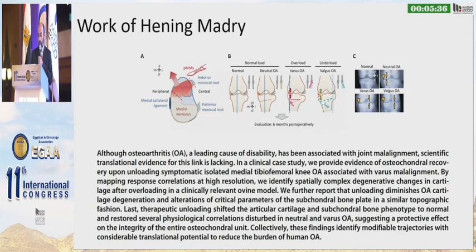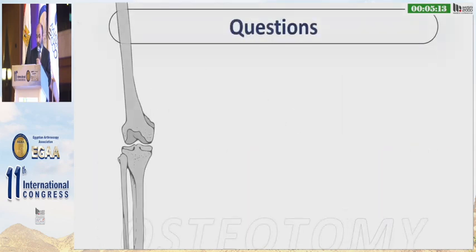And in the other one, which is more important to my mind, he gave evidence that there is some kind of osteochondral recovery upon unloading in symptomatic isolated medial tibiofemoral knee osteoarthritis. So there is some kind of repair, some kind of breathing. The cartilage is going to have it once again, once you offload the extra load.